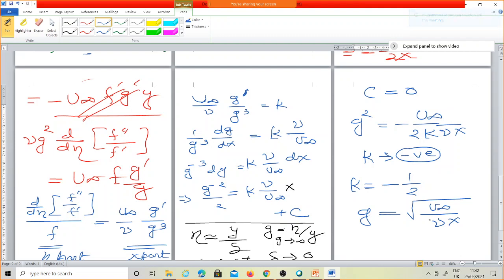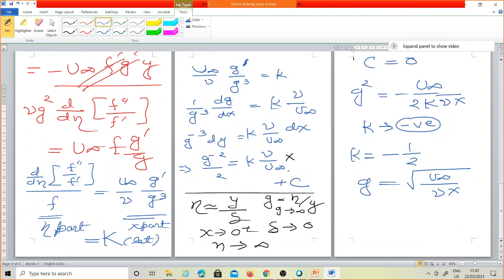Oh, someone left already. So your g is this one, okay? So your eta is y g, so y multiplied by root of u infinity by mu x. Remember, your eta is y root of u infinity by mu x.